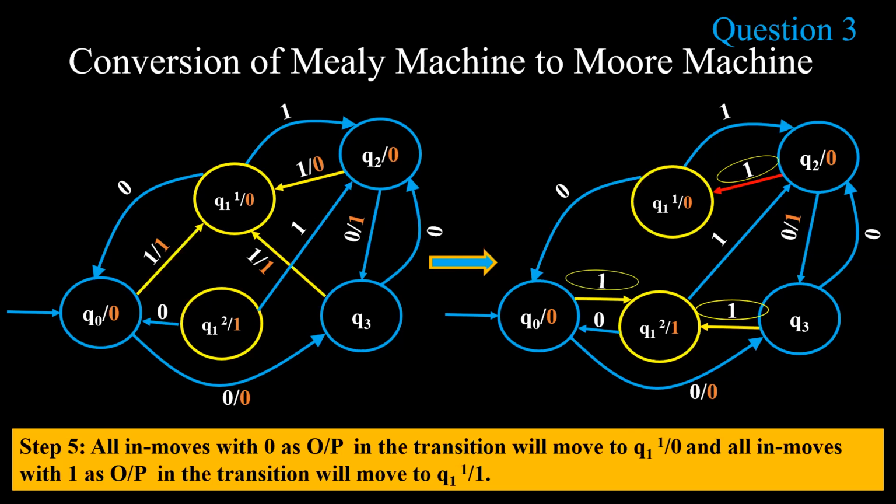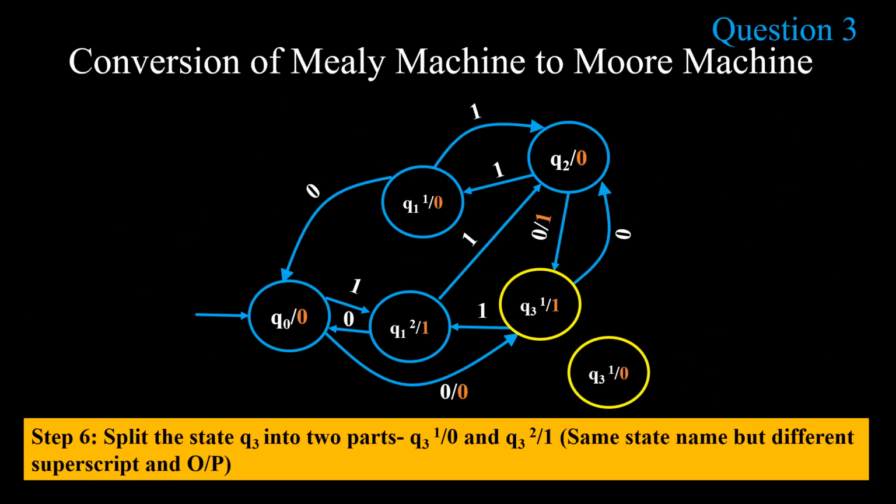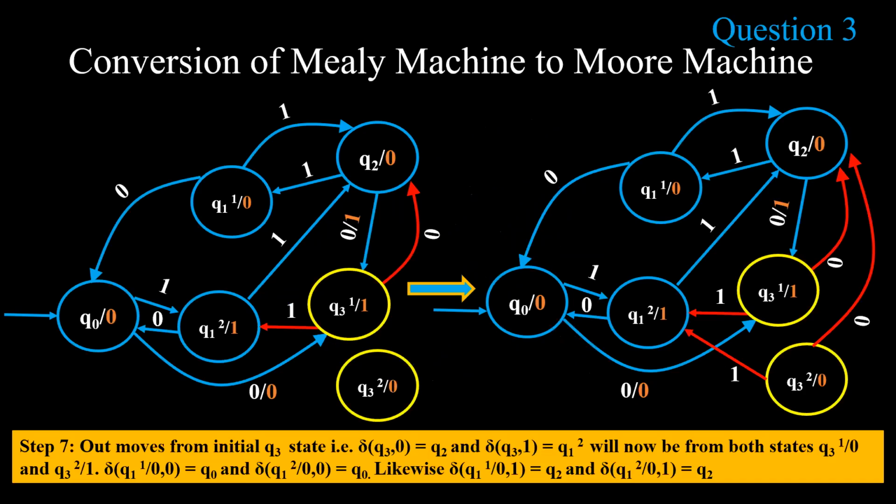Now we will move towards the second state which requires split. Again 3 steps. First step, split the state into 2 parts, that is Q31 and Q32. Next step, take into consideration the outputs of the initial state, that is Q3. There are 2 outputs, one is to Q2, another is to Q1. These 2 outputs will now become 4 outputs, one set from Q3 1 and another from Q3 2.